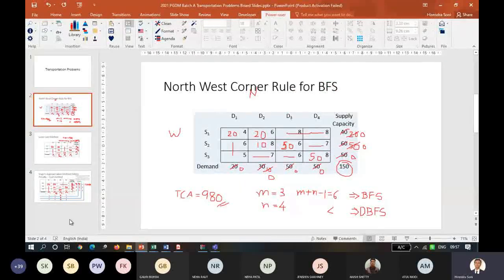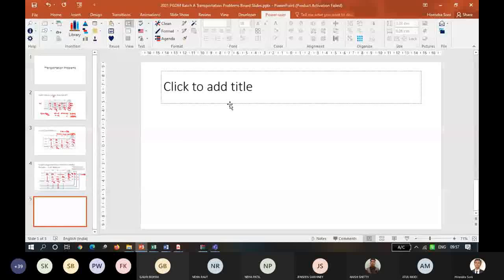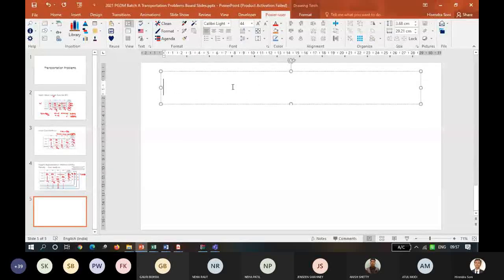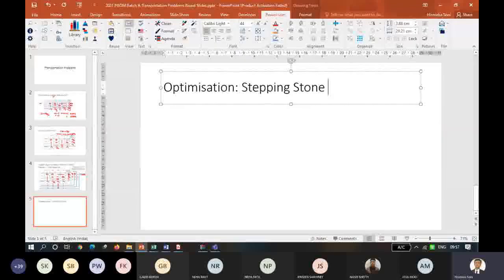What we'll do is we will go for optimization now using stepping stone method.